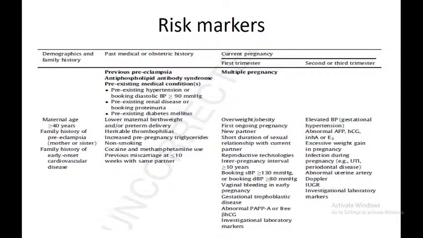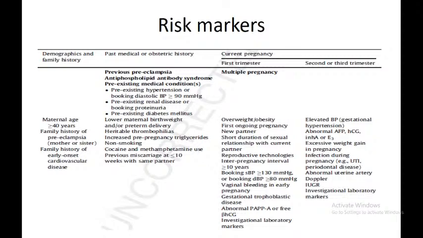And of course if she has a pre-existing diabetes mellitus, again pre-eclampsia tends to be more common in these cases. So this is the important past medical history that we need to always elicit. And also the other risk markers are if the mother has a low birth weight, or else if she had a preterm delivery herself, again it is considered to be a risk marker.